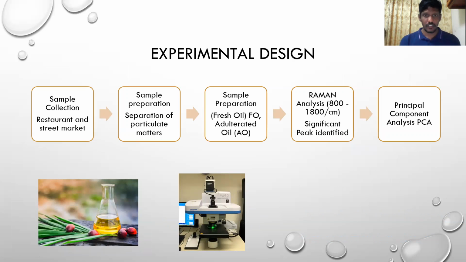Experimental design. The experimental design I plan for this research is as shown. For sample collection, I picked two locations only, restaurant and street market. For restaurants, I chose grade A restaurants only because mostly grade A restaurants reflect the same identity.